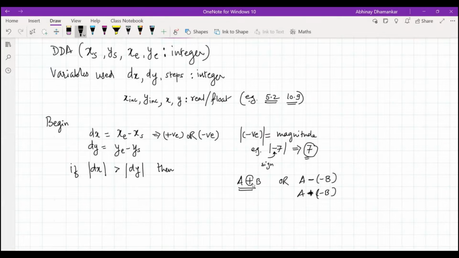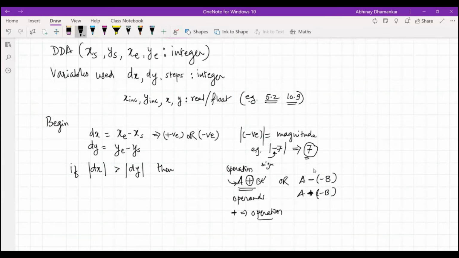So this will tell you about the operation, right? This will tell you about the operation to be done on a and b. A and b are two operands, and the plus sign over here will tell us the operation.